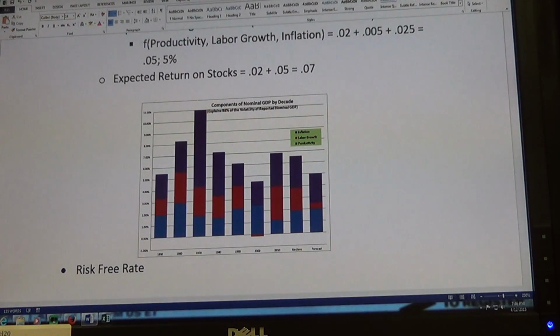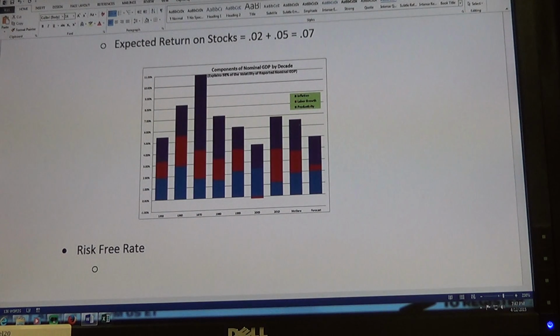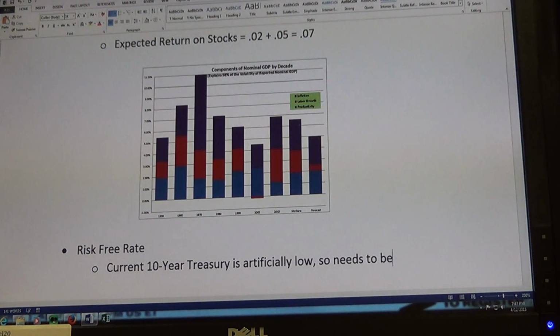And remember the debate here with Dr. Damodaran. I gave you an article on that, so you can use that article to come up with your own position. My position is that the current 10-year Treasury, in my belief, is artificially low, so it needs to be normalized.